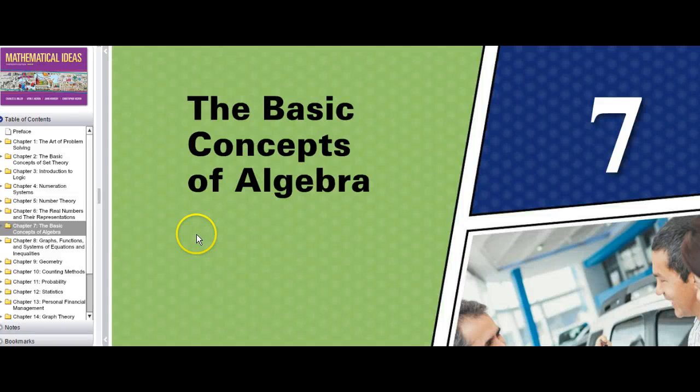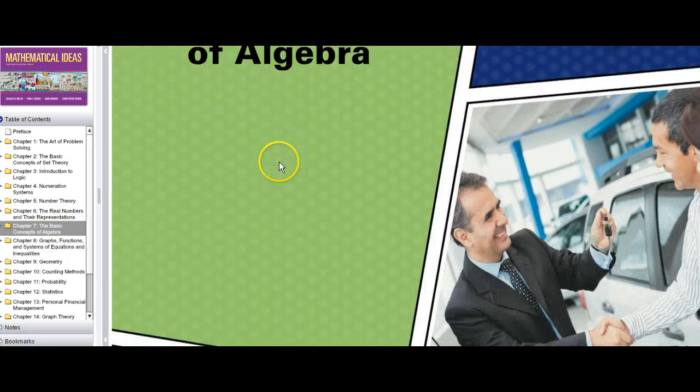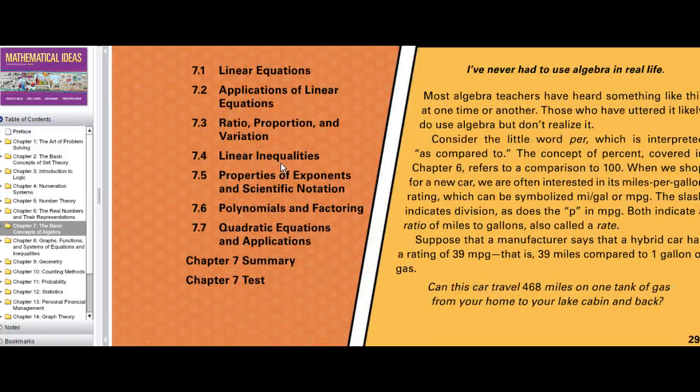As we continue, we're going on into Chapter 7, the basic concepts of algebra, but we're not going to be doing all of the topics. I just wanted to alert you that these are available, and we're going to be skipping Topic 1, which deals with linear equations.